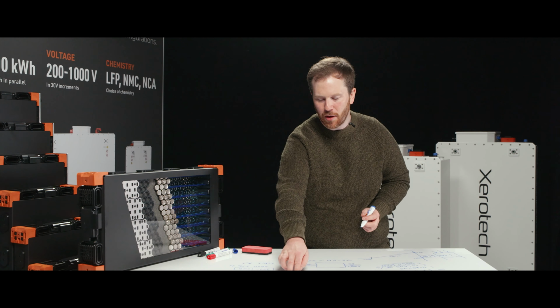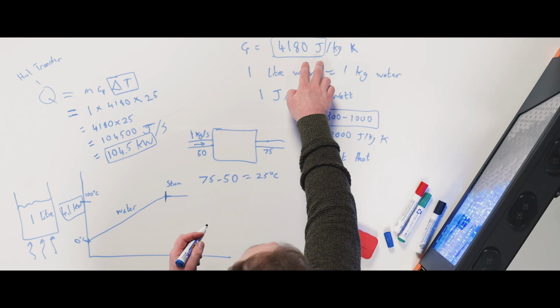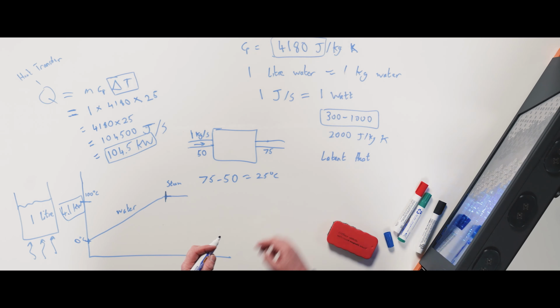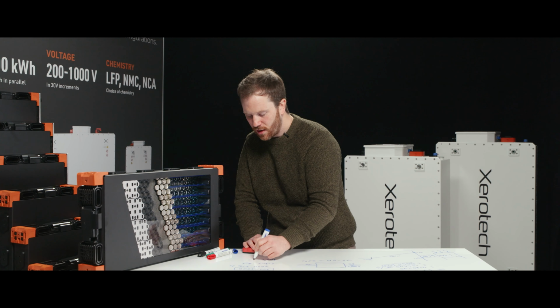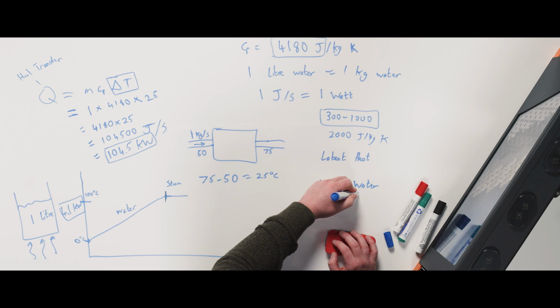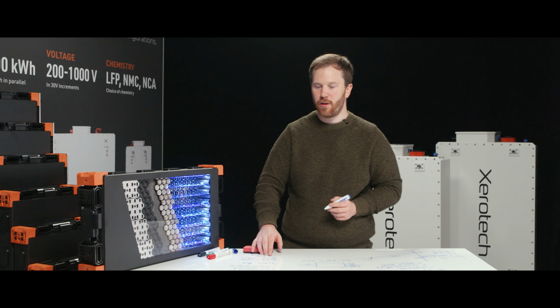So when we talk about the heat capacity of water being 4,180 joules to change it by 1 degree Kelvin or 1 degree Celsius, to go from 100 degrees C water to 100 degrees C steam there's a huge amount of energy.